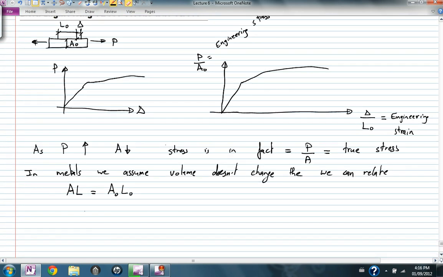And we can say that A0 over A is equal to L over L0, and L is equal to L0 plus delta, so L over L0 is L0 plus delta divided by L0. L0 divided by L0 is 1. Delta divided by L0 is your actual engineering strain, so I'm going to call this epsilon engineering.